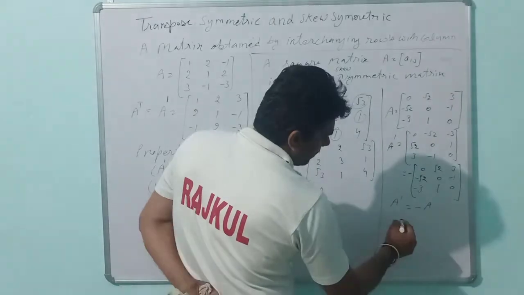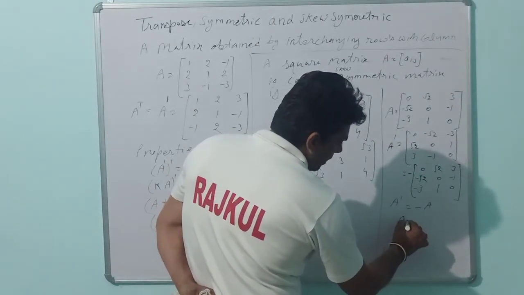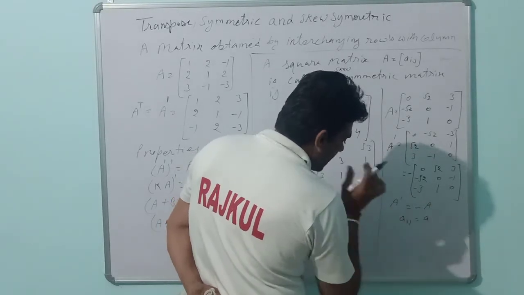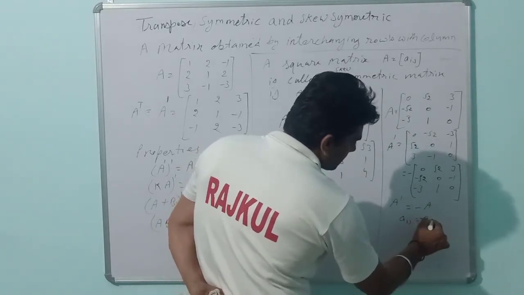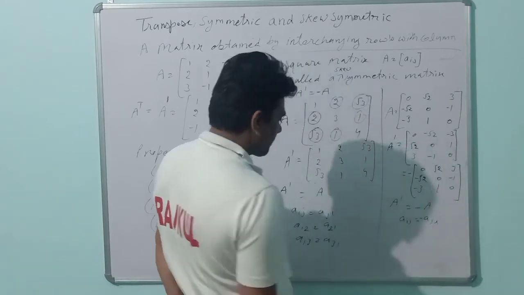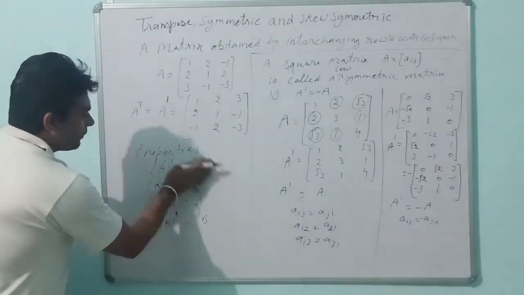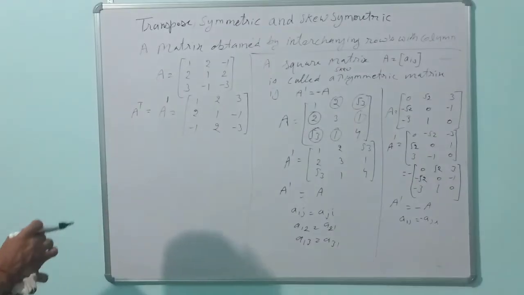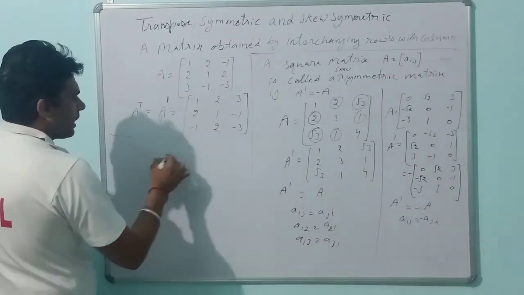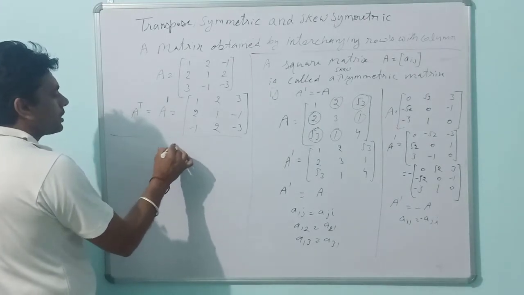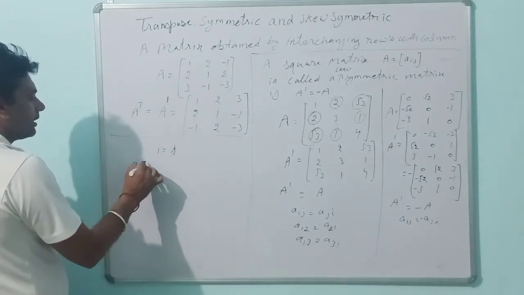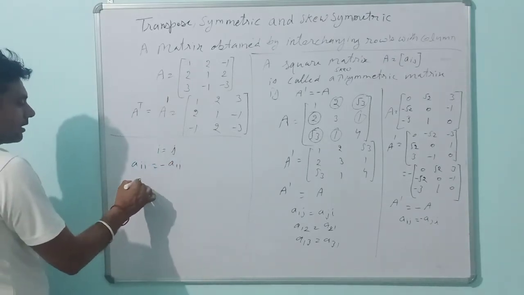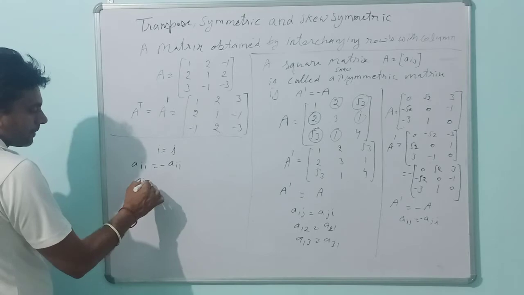We also conclude from a result Aij equal to minus Aji. If Aij equal to minus Aji and we take i equal to j, then Aii equal to minus Aii.